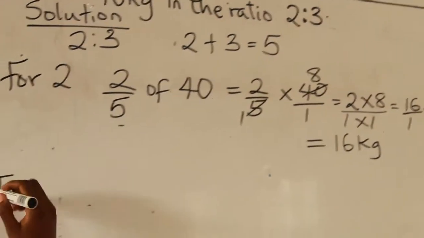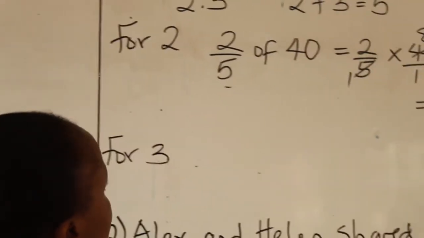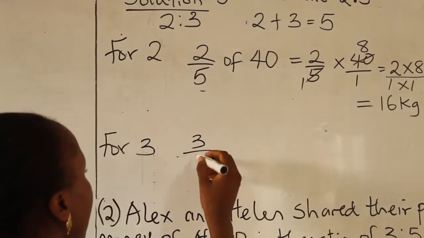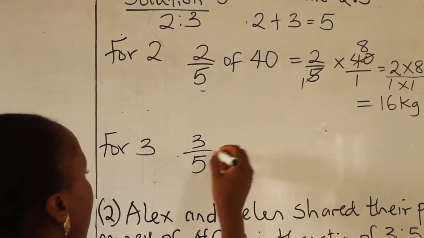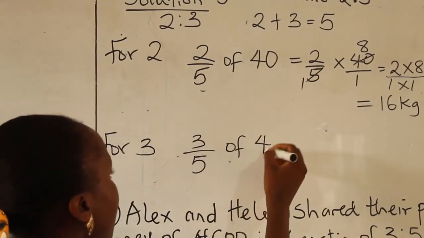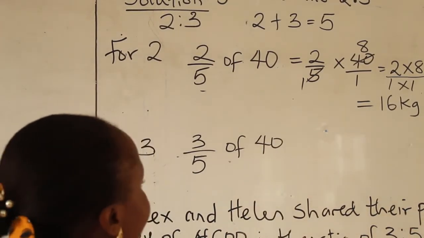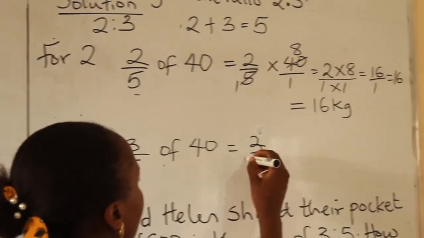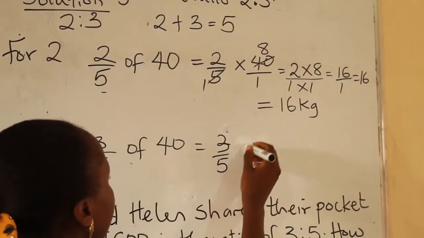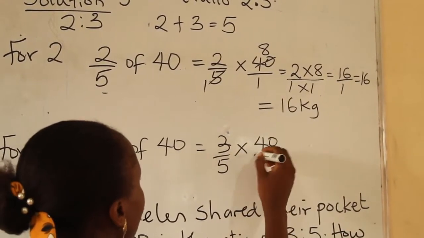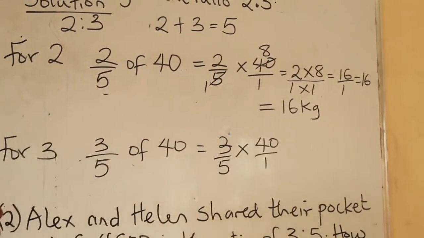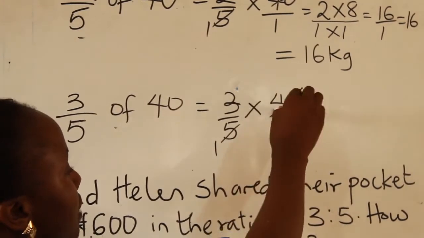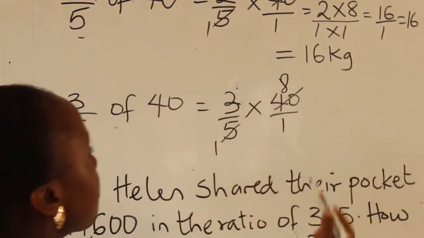For 3 parts, we still do the same thing. 3 over 5 of 40, which is equals to 3 over 5 times 40 over 1. 5 divided by 5, 1. 40 divided by 5 is 8.